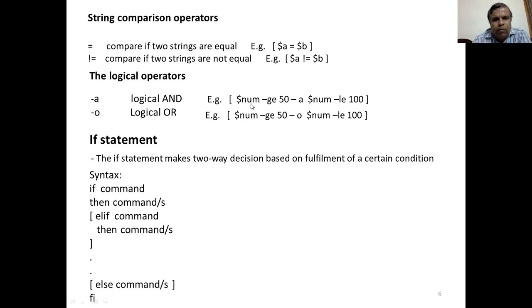The value of num is greater than or equal to 50, and logical AND -a, the value of num is less than or equal to 100. It returns true if both operands return true, otherwise false.